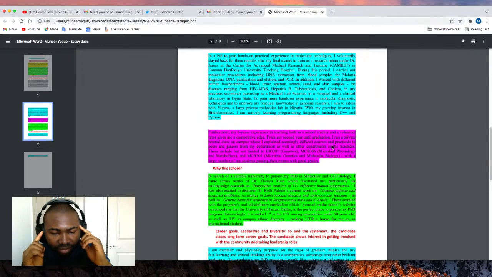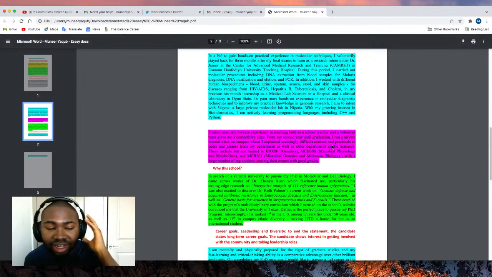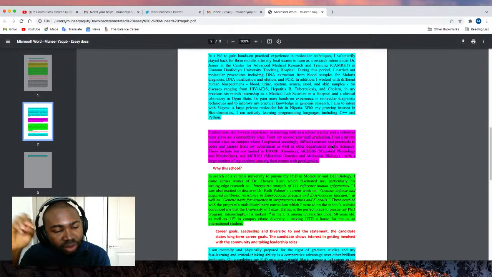You don't have to have teaching experience. What I'm trying to say is that if you have a particular experience that a lot of other candidates may not have, write it in your SOP.